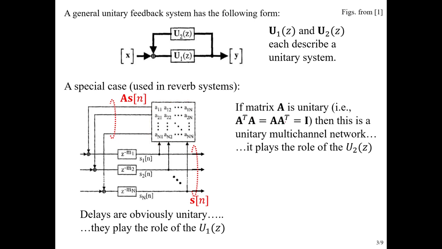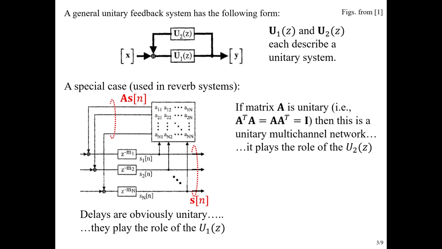So matrix A is unitary if A transpose A is equal to A A transpose, and each of those products gives you the identity matrix. So in other words, to invert A, all you have to do is transpose it. It's a special class of matrices, and they're called unitary, and they lead to this unitary multi-channel network view.